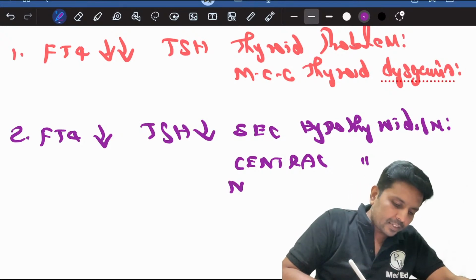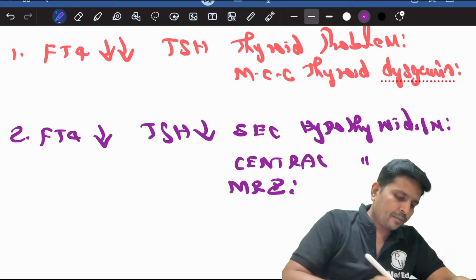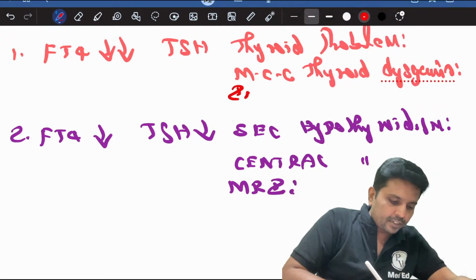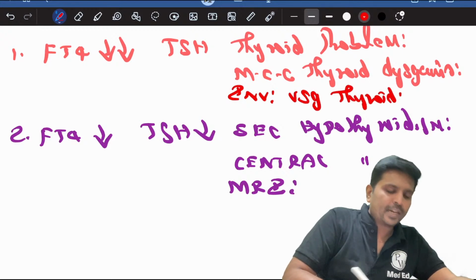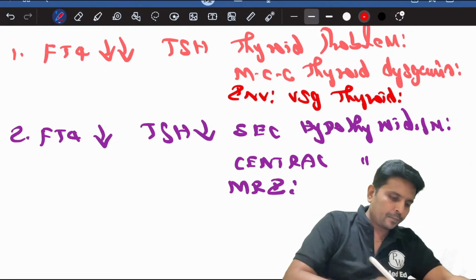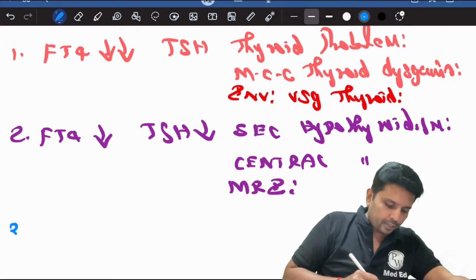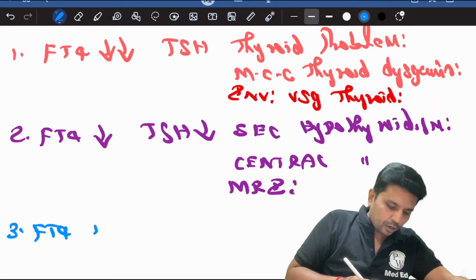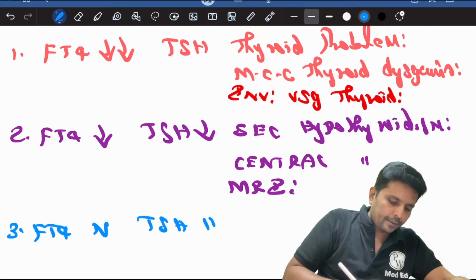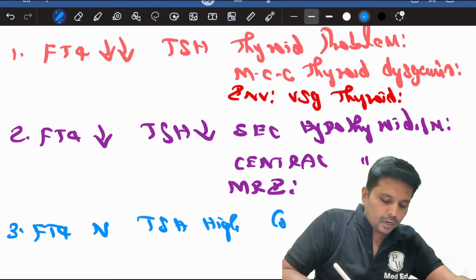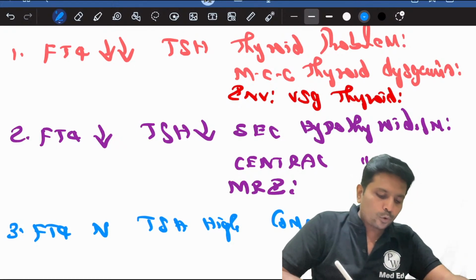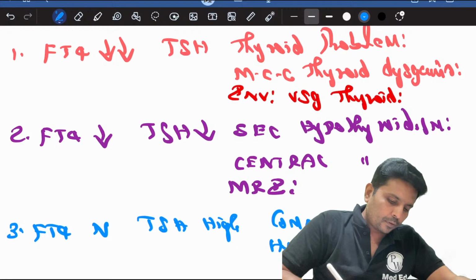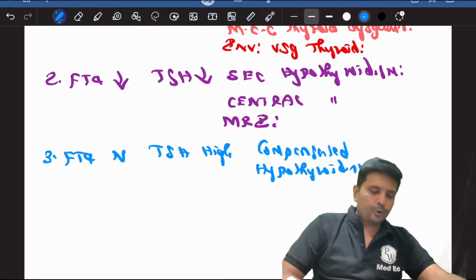So here the investigation of choice is MRI, whereas in the first one the investigation of choice is ultrasound thyroid, because you can see whether the thyroid gland is present or not. The third one is free T4 is normal but TSH is high. So what is this condition called? Compensated hypothyroidism. Somehow or other he may go for low T4 in future.